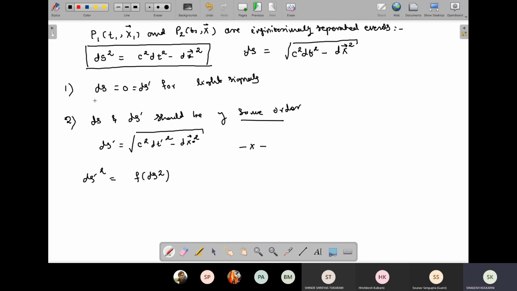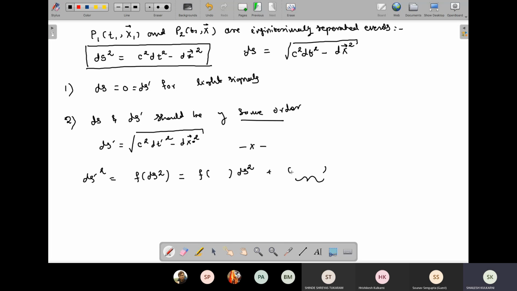But this first condition tells us that this function must involve some multiplicative factor times ds square. There should not be any additional terms independent of ds. Why? Because if ds equals 0, then this term goes to 0, but that term will not.